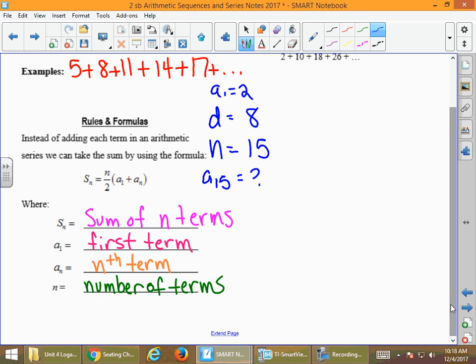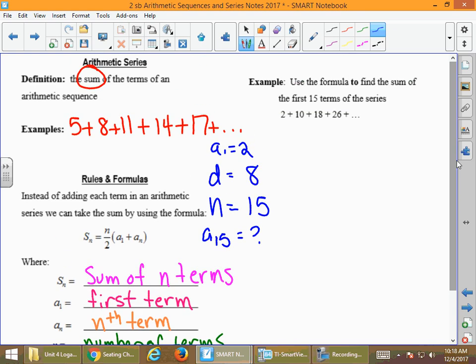That's why I said go left on this paper so that you have enough space. When we start this, we need to go back to what we did on the left side of our paper, which is the formula a sub n equals a sub 1 plus n minus 1 times d.